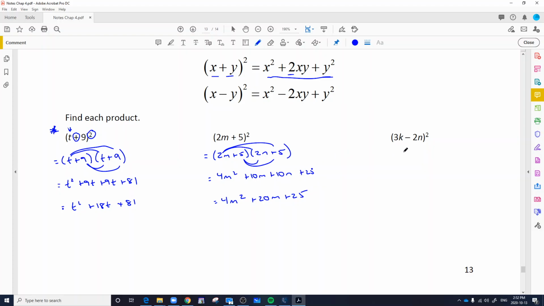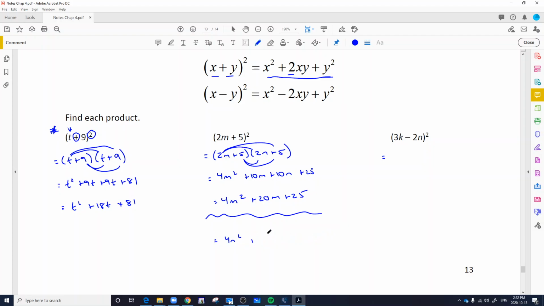If you do want to do the trick, when you're doing this one, it's first term squared, so 2m times 2m would be 4m squared. And then it's 2 times these two multiplied together, so times 2m times 5, and then it's your last term squared. I should have just written that.